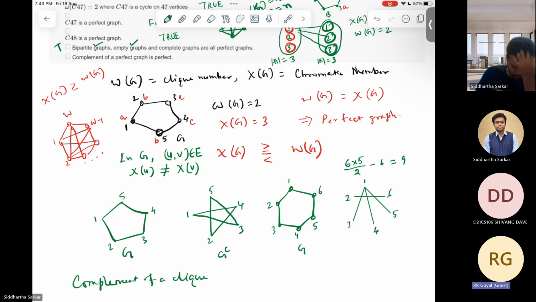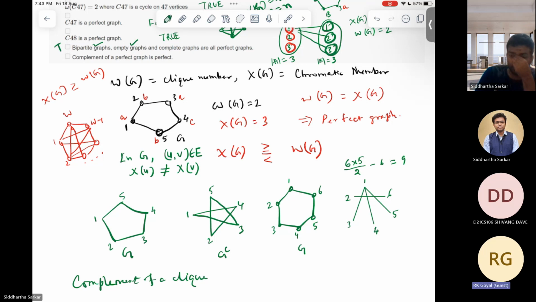Will this be viewed as the complement of the clique? Because getting the clique of a graph is the same as getting the independent set of the inverse of the graph. Inverse of a graph means that whenever you have connectivity in the original graph, you make it disconnected. Oh, you mean complement. Yes, that is called complement.